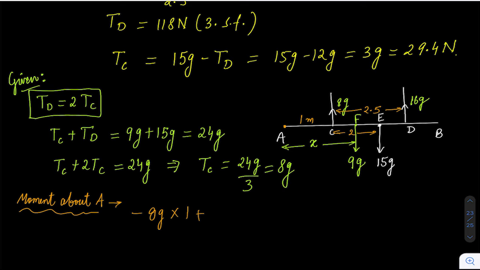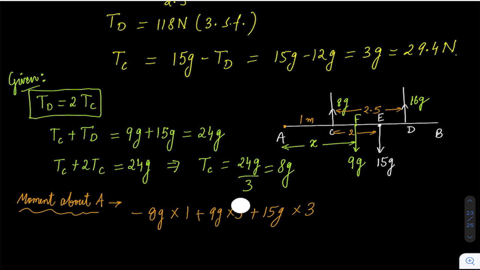plus. Now the moment for 9G will be 9G into 3, right? And this direction is clockwise, so plus 9G into 3. And for 15G it is also positive because it's clockwise, so 15G into 3. Oh, this 9G, we don't know the distance actually.